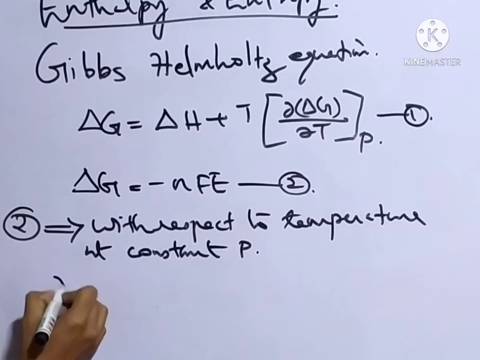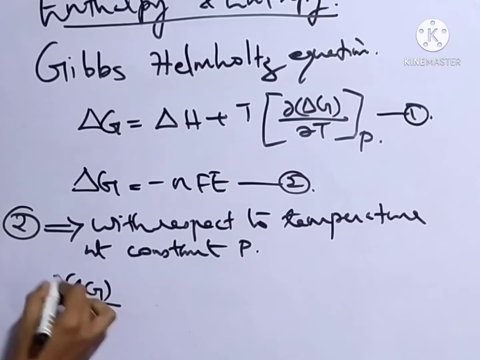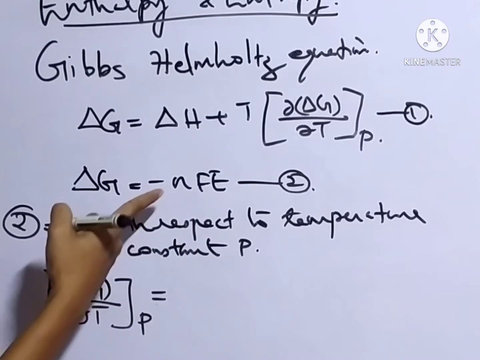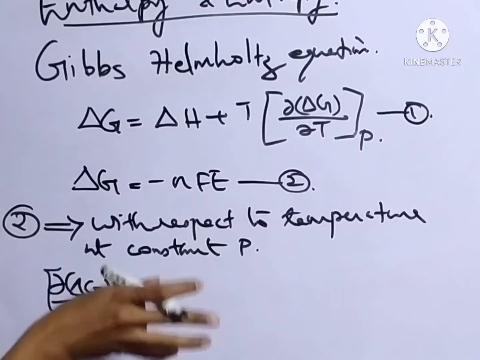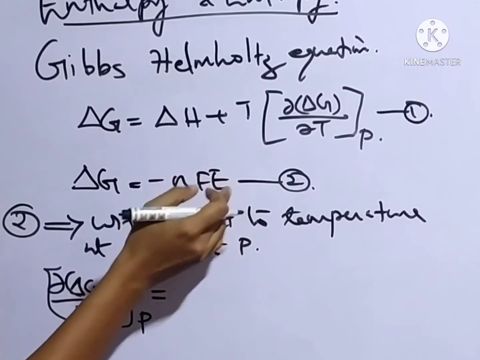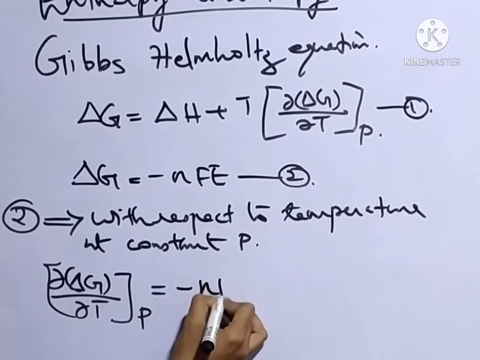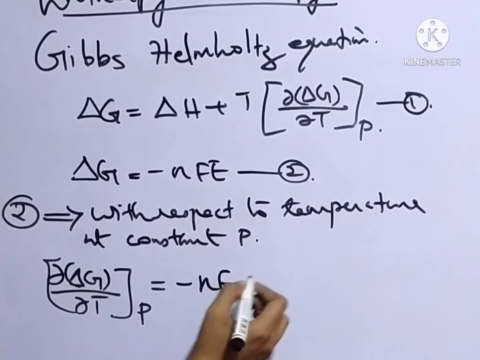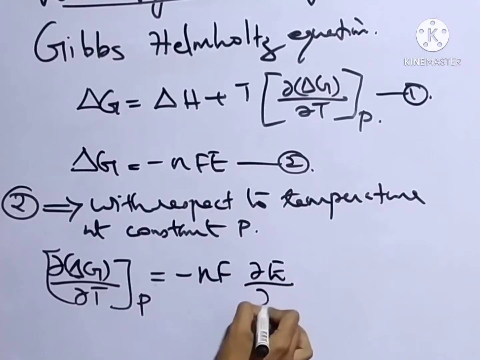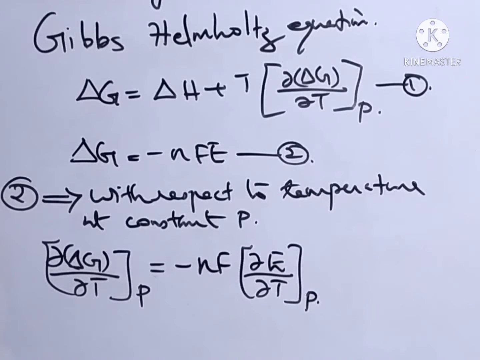we will get dou delta G divided by dou T at constant pressure equal to, here N is a constant for a particular electrochemical cell, F is a constant, and the only variable is E. So we can take N and F outside, and dou E divided by dou T at constant pressure.